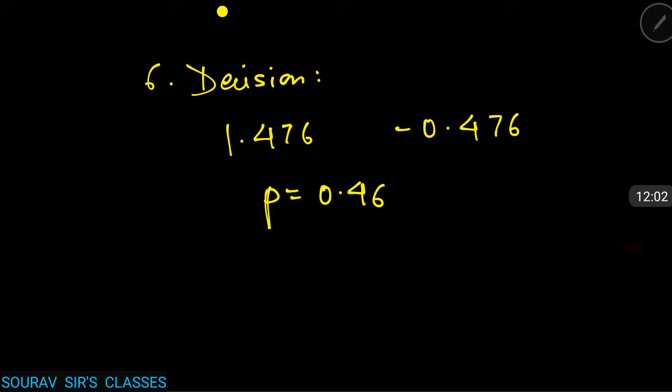So the sample proportion falls within the acceptance region for this hypothesis. We accept the null hypothesis. There is no difference between the two types of collections at 0.05 level of significance is our solution.